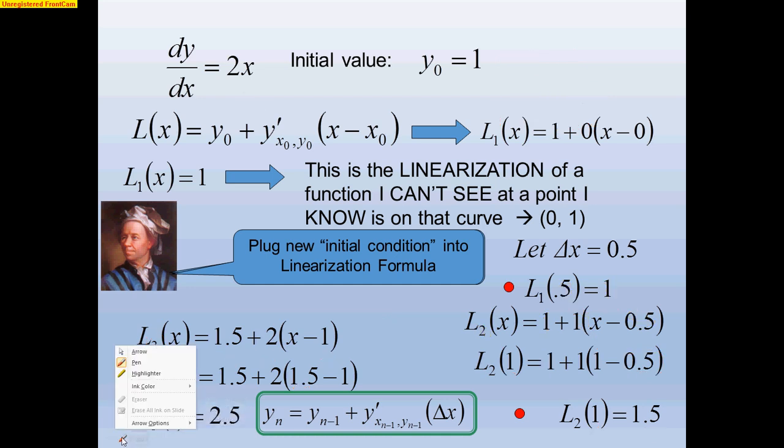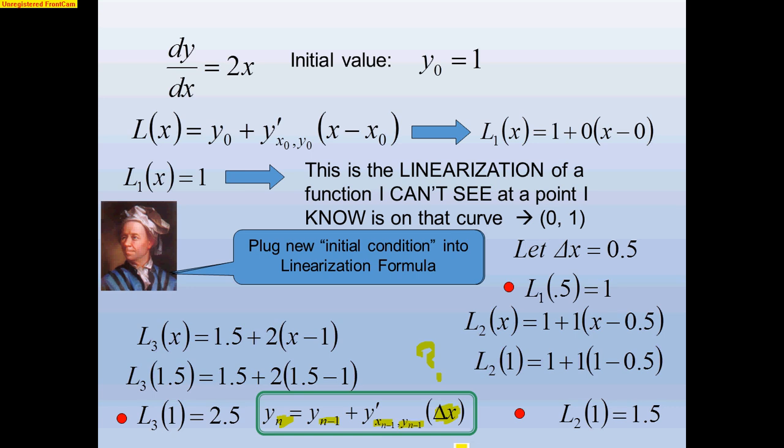What's going on here? Can you figure out why this is here? What does this mean? So what this says is the next y that you want is equal to the previous y you had plus the slope using the differential equation you have at the previous x and the previous y times delta x.